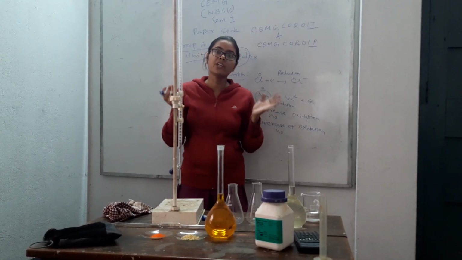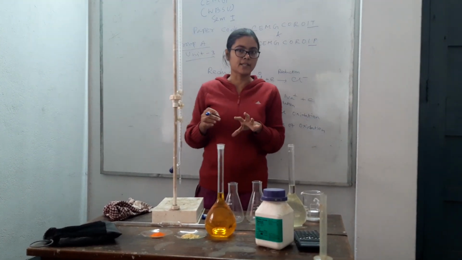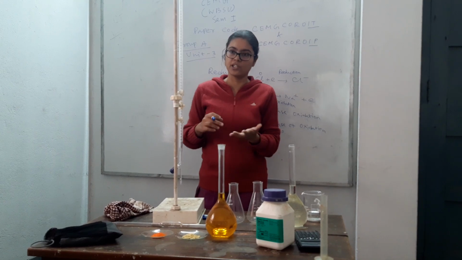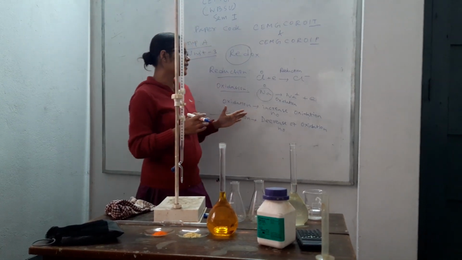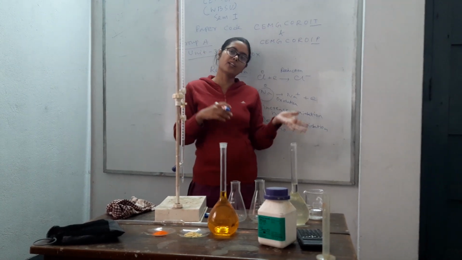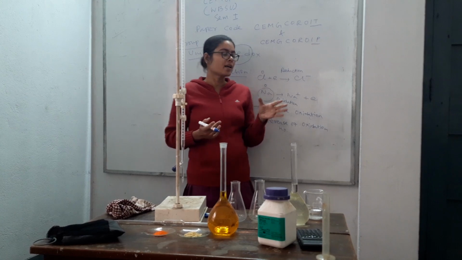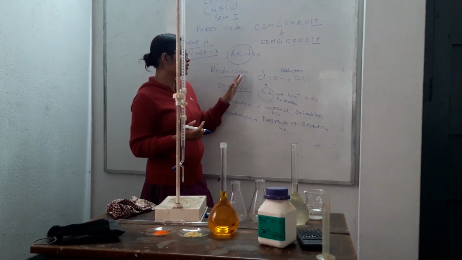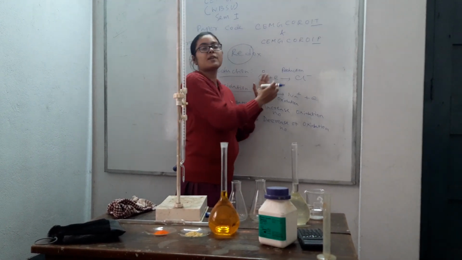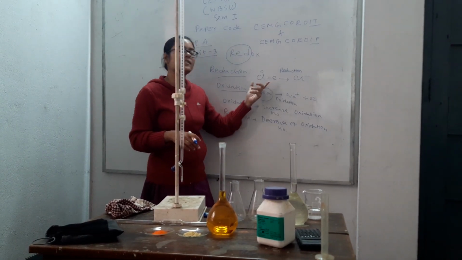Okay. So today we are going to a real system where we can see someone is oxidized and someone is reduced. Always we say that reduction and oxidation happen simultaneously. Why? Because in reduction some species gains electrons, and there must be some species that gives up that electron.